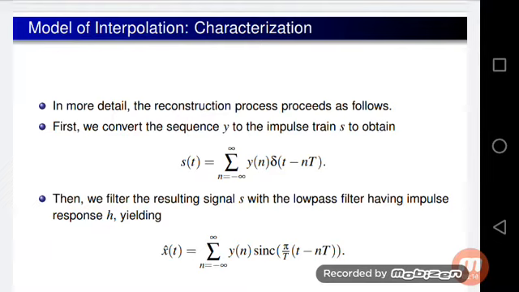Then we filter the resulting signal with the low pass filter having impulse response h, which yields x cap of t equal to the summation over n from minus infinity to infinity of y of n sinc of pi by T times t minus nT. So these are the two different formulas for calculating the input and output data transmissions.